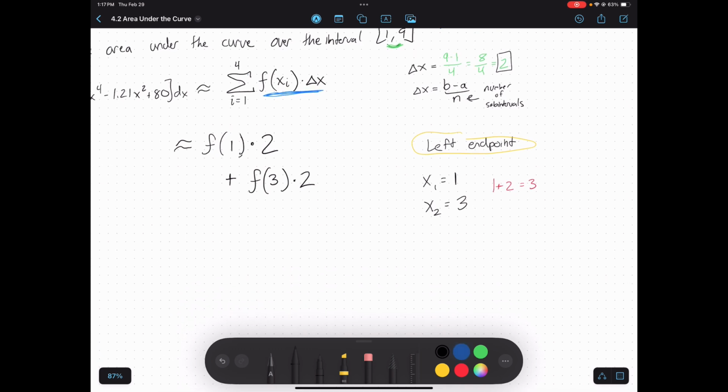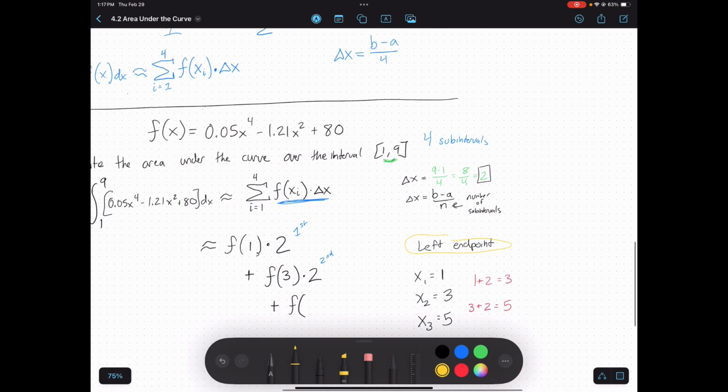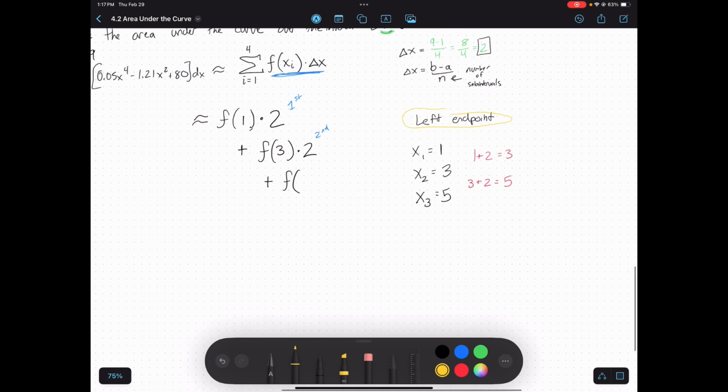So that's the area of my first rectangle, there's my second rectangle, and my third rectangle: f of, what's my third x value? I'm going to do something similar and add another delta x to get my next one. If I'm at 3, and I go another delta x, which is 2, I end up at the x value of 5.